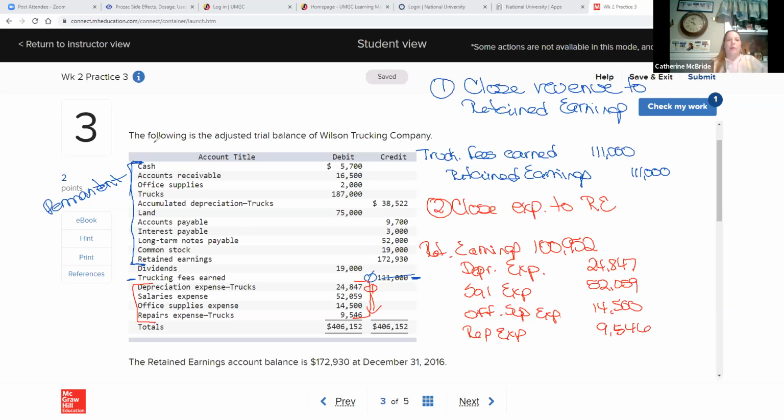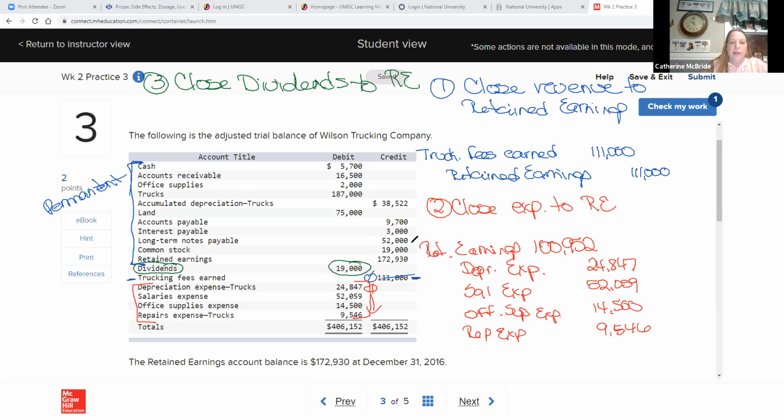My third step is going to be to close dividends to retained earnings. So now I look here, here's my dividends account. What do I have to do to make dividends zero? Credit.